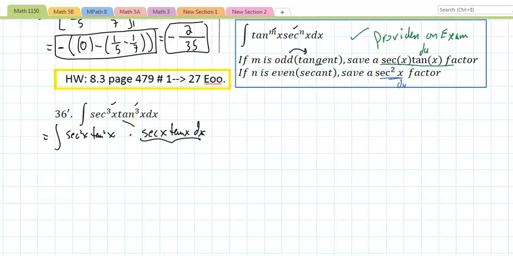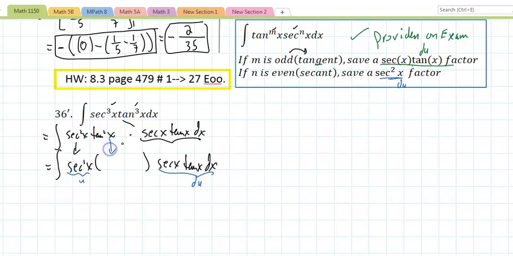I'm thinking ahead of time. What do you let u equal to get a secant tangent? Derivative of secant. So this secant is okay. That's not a problem. This tangent I need to eliminate, because if I let u equal secant, this would become my du, and there's my u really, right?